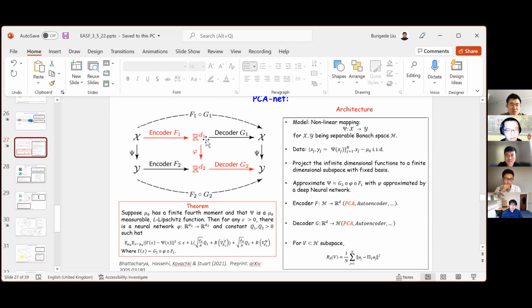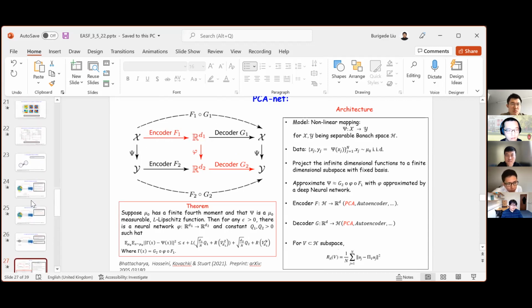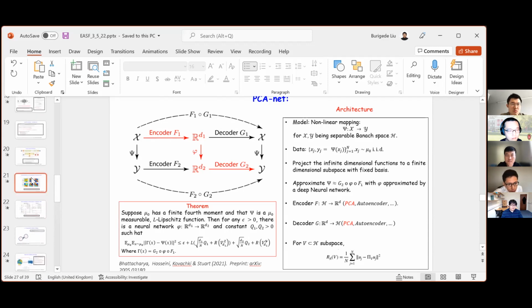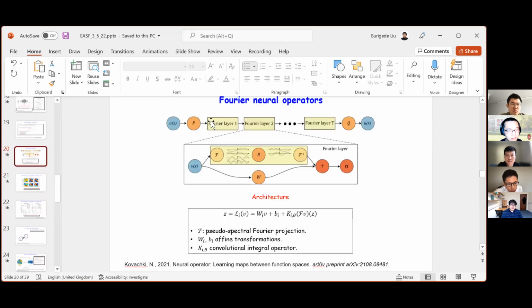So this RD1 is much smaller than the input dimension X. This is encoded, so we are basically doing dimension reduction in this process. While in the Fourier neural operator, in order to have enough expressivity, this P is a lifting operator, where we pointwise lift the input to a very high dimension.